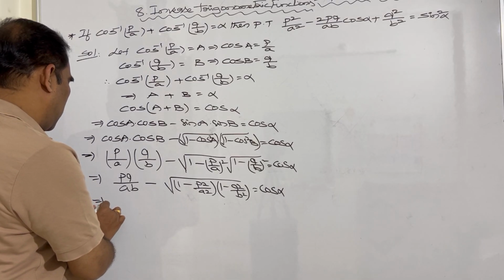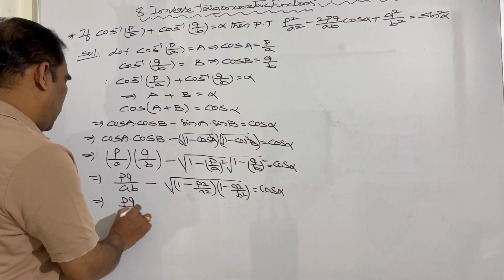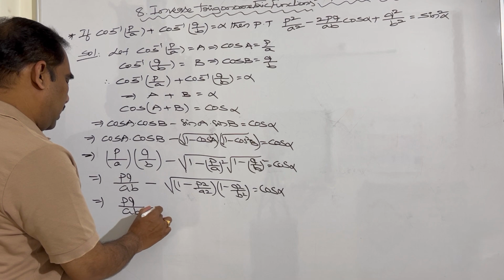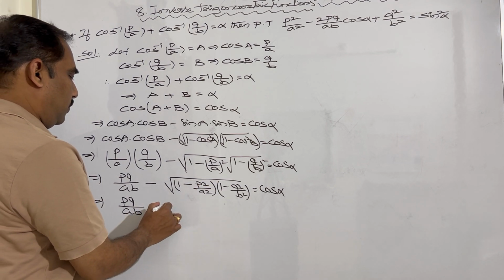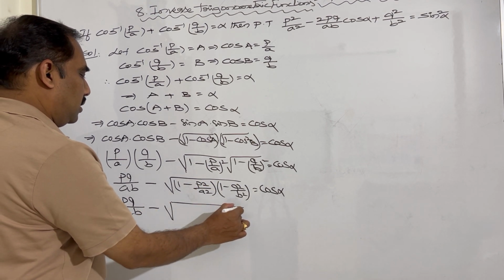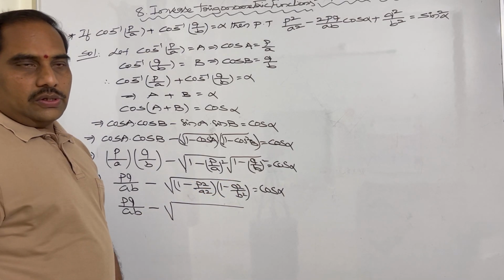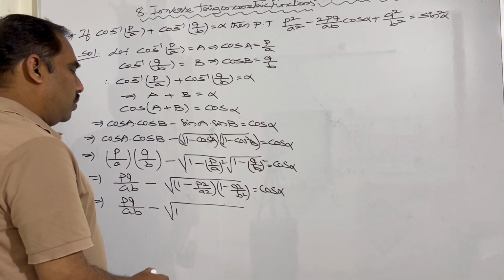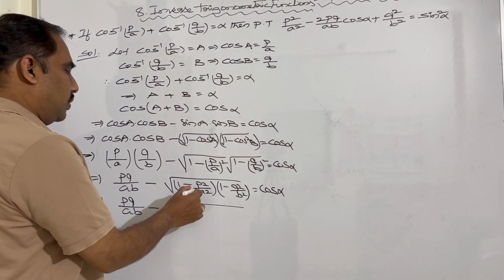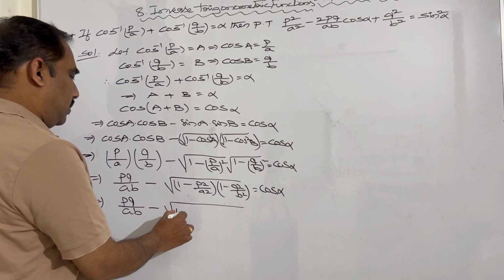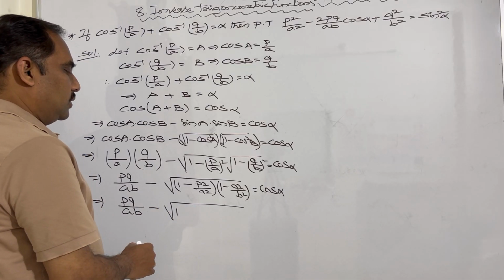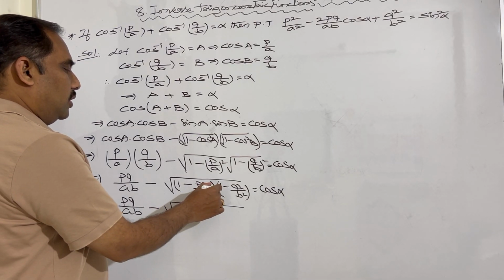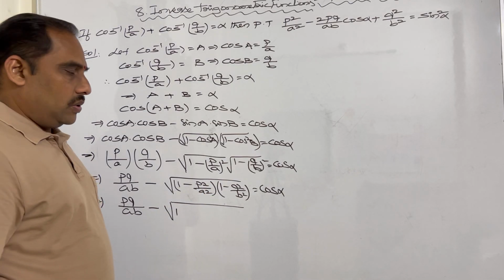Then what we get here: pq by ab minus root over 1 minus p square by a square into 1 minus q square by b square.